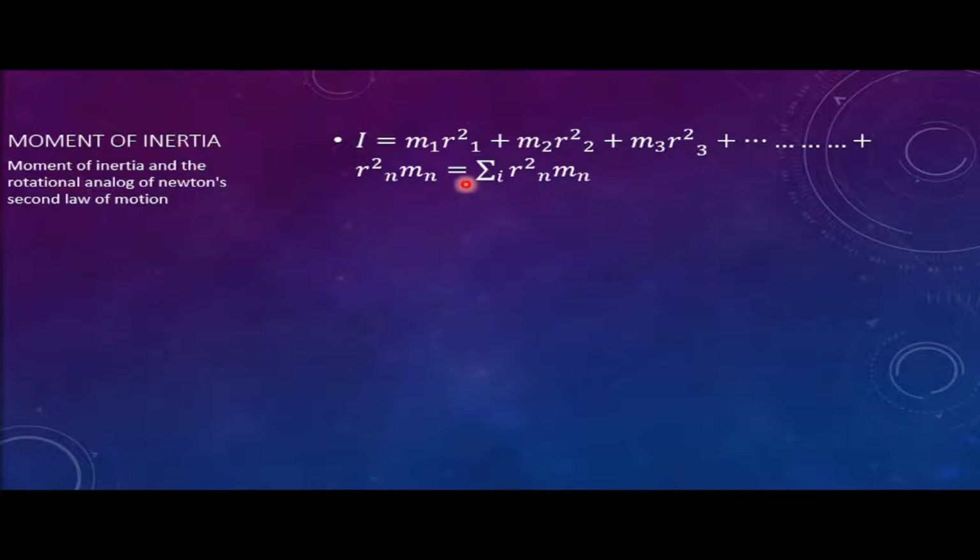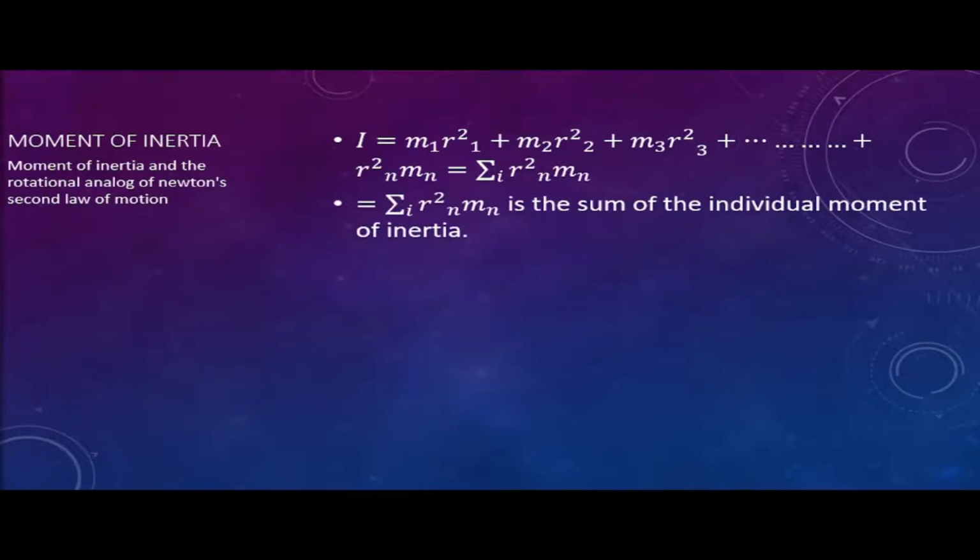To summarize that, we have this summation notation, and we have to add them all. That's what it means. The sum is actually the sum of individual moments of inertia contributing to the total inertia. We can also use this in remodeling the formula for the torque.